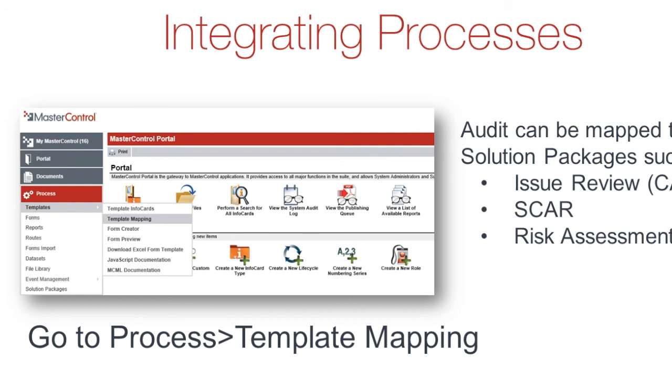So if you're using process module, you probably have a number of these processes running. The most common that I talk about in class is issue review, which is part of CAPA Advanced. Who's using CAPA Advanced? So if I say, here's my observation, they can then issue a CAPA to respond to that observation.